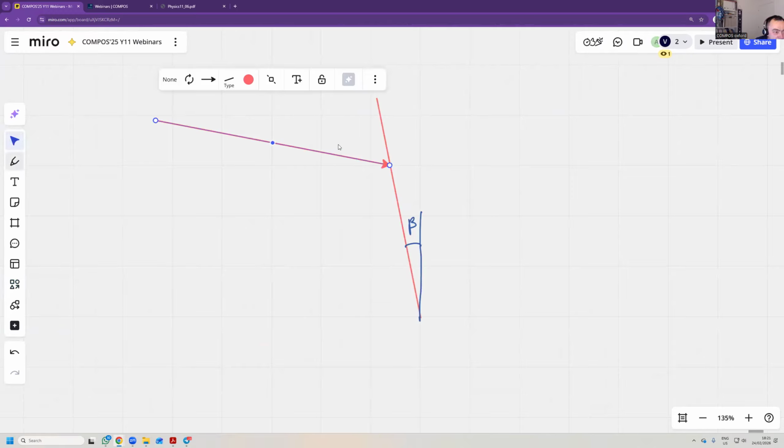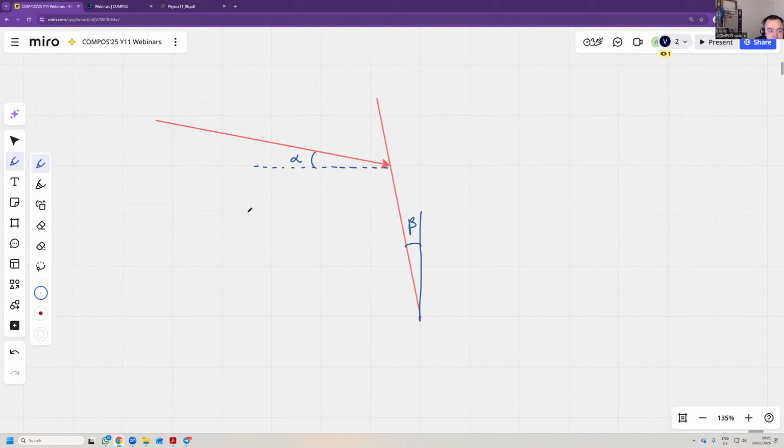We have this angle is alpha, and you need to draw the normal as well. So the normal, this is the normal. So this angle is beta. And when you reflect it down, this angle is going to be the same as the angle of incidence, but the angle of incidence is alpha plus beta.